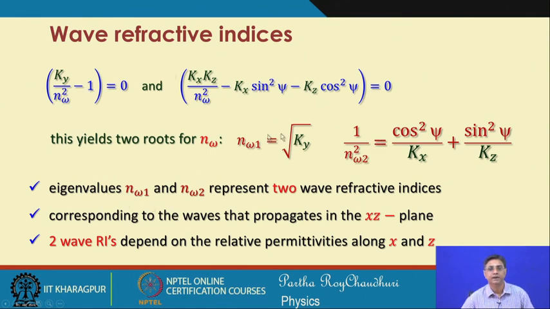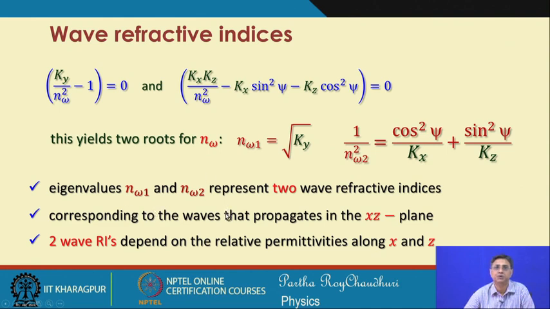So, by doing this, we have seen that there are two eigenvalues attached with this wave which is propagating in the x z plane. These are n omega 1 and n omega 2, and these two values are the two refractive indices seen by the wave.